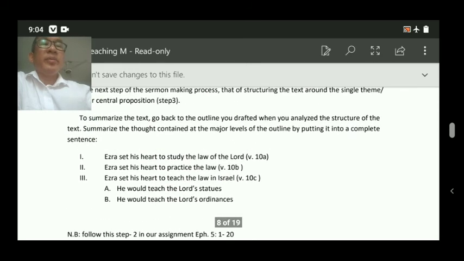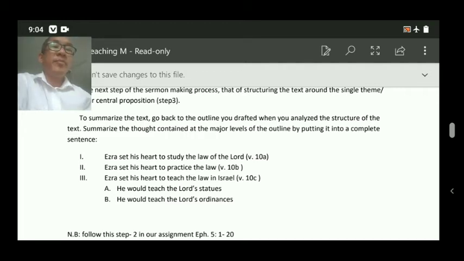The sentence would be number one, Roman numeral 1: Ezra set his heart to study the law of the Lord. That is a complete sentence, from verse 10, part a.